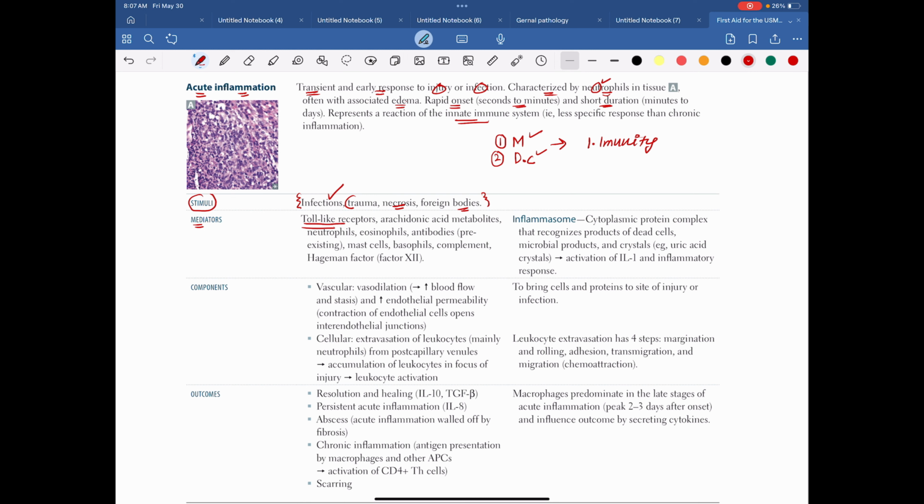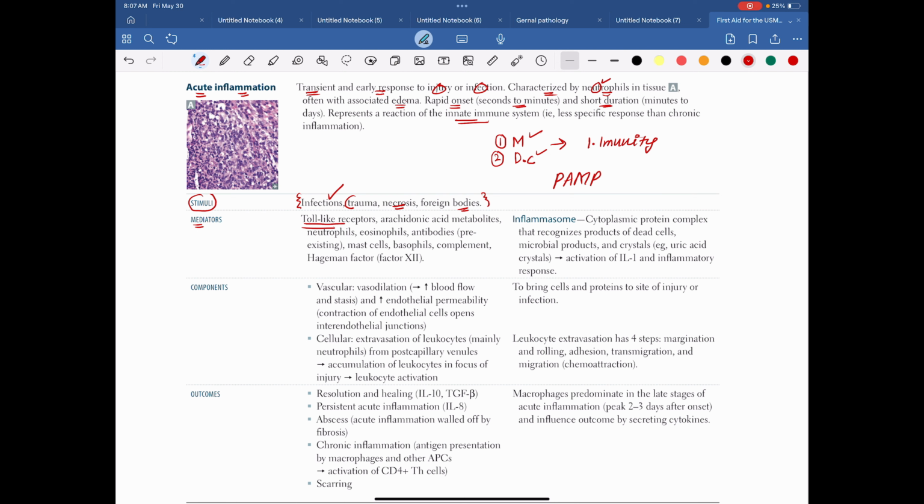Then after that, how these toll-like receptors are going to be activated, this is another important point. So basically these toll-like receptors are going to be activated by pathogen associated molecular patterns, PAMP. They can also ask you what are the examples of these pathogen associated molecular patterns.